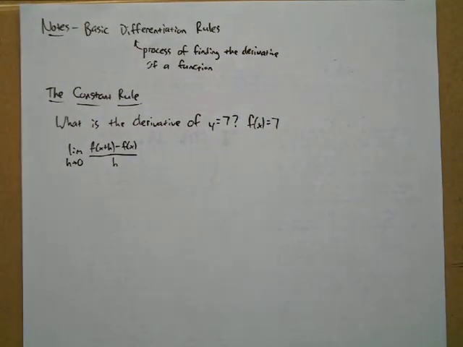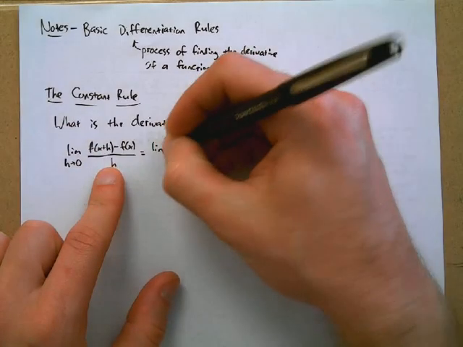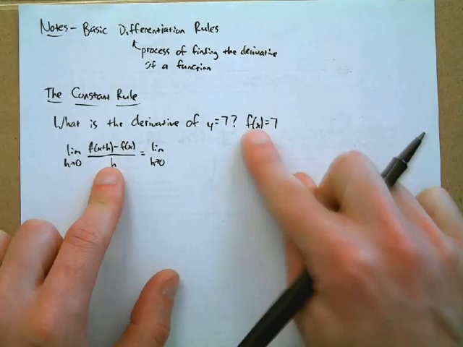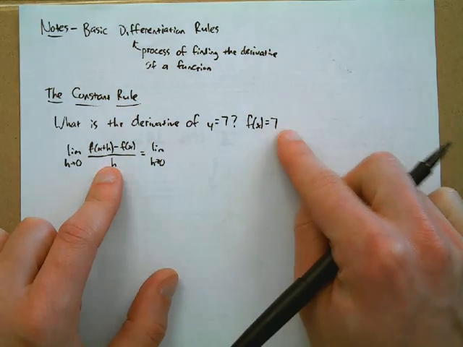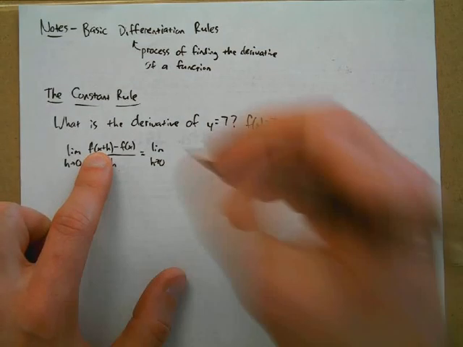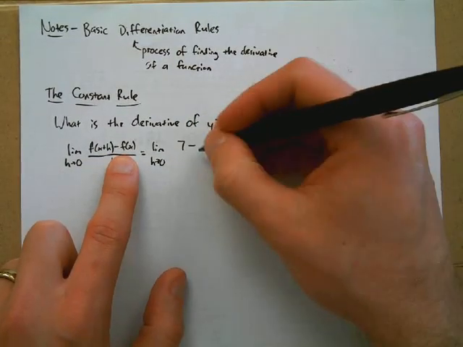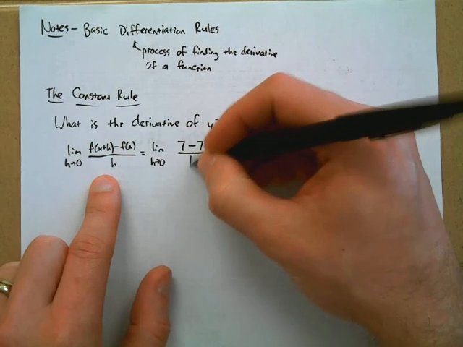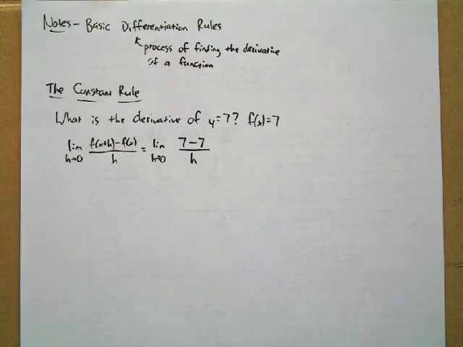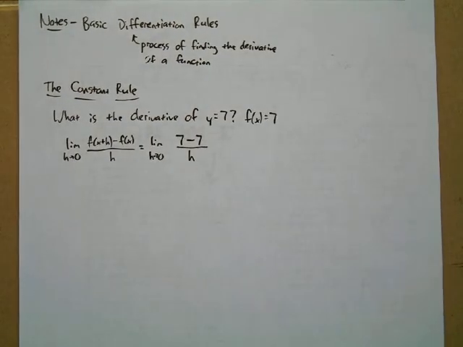So let's plug in here. Since our function is just 7, there's no x's here at all. So then f of x plus h is just 7. And f of x, well, that's very clearly 7. That's written right there. And then it's all over h. Again, because our function's constant, it's unchanging. It's always 7. So f of x plus h is 7, f of x is 7, f of 2 is 7, f of 10 is 7.